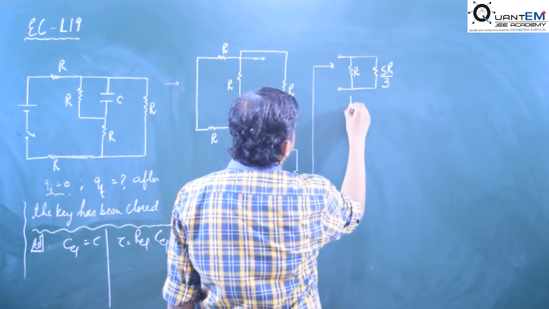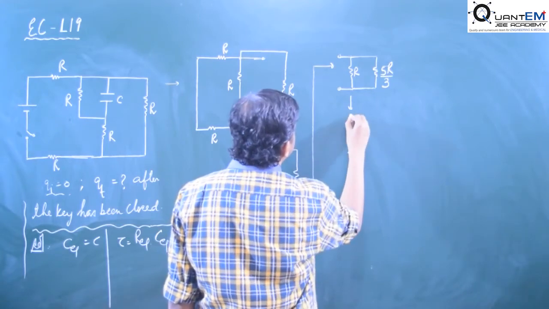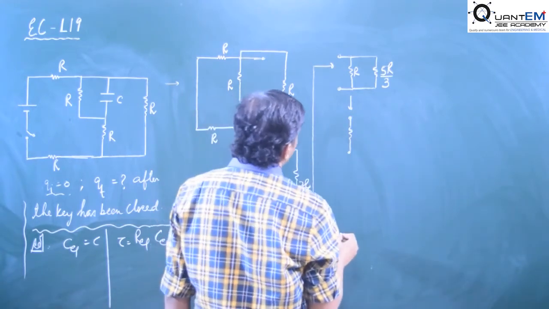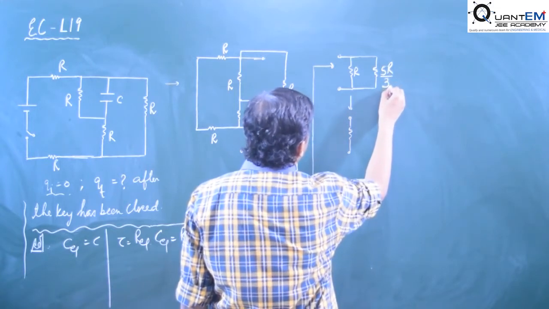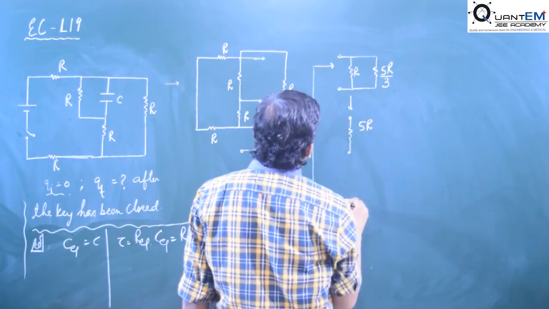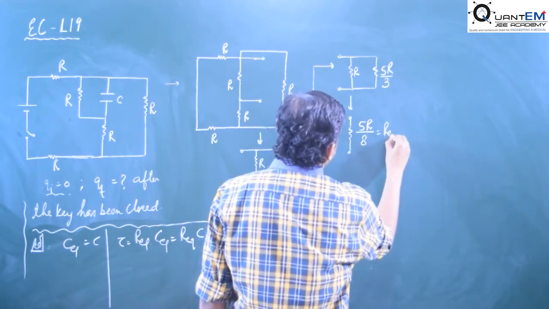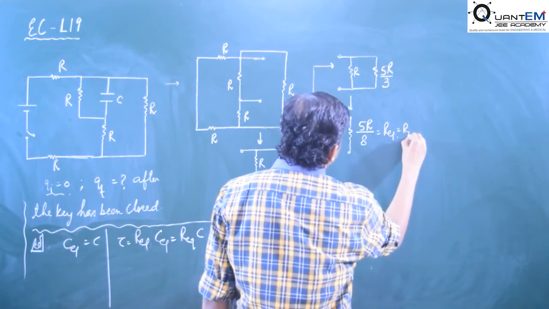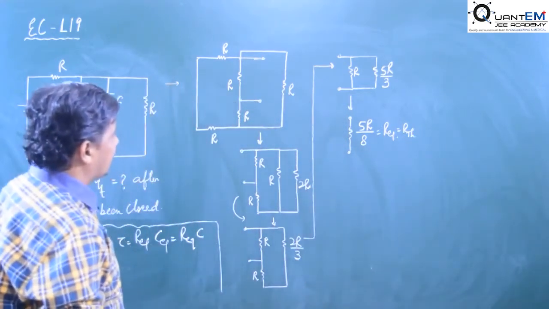Now see, these two are in parallel now, so equivalent resistance in parallel is 5R square by 3 divided by 8R. So what we get? 5R by 8. That is the equivalent resistance, that is also called the Thevenin's resistance. So we have Thevenin's resistance 5R by 8.